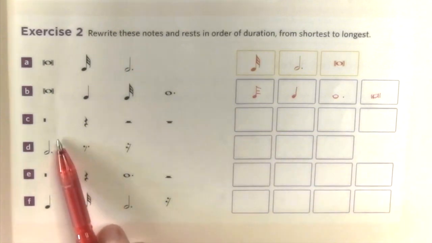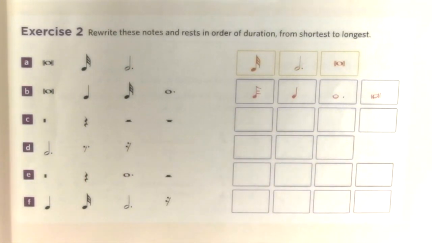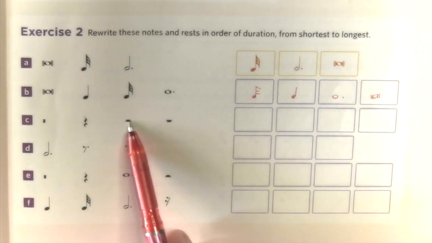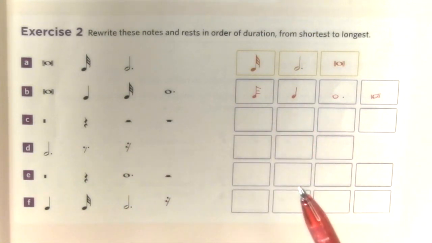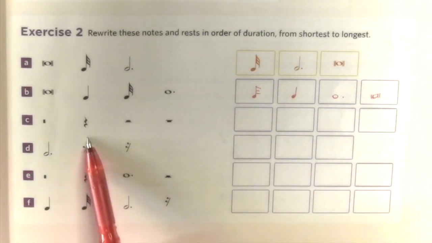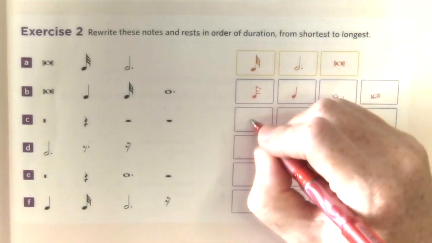In this case, we have rests. Now, do not forget that this rest sits on the 3rd line, and it's the minim rest. This rest here hangs on the fourth line, and it's the semibreve rest. So the shortest is the crotchet.